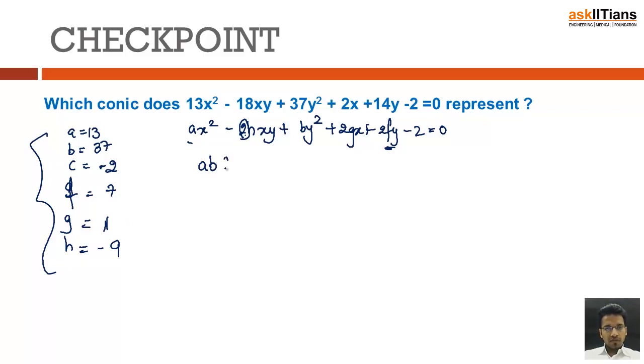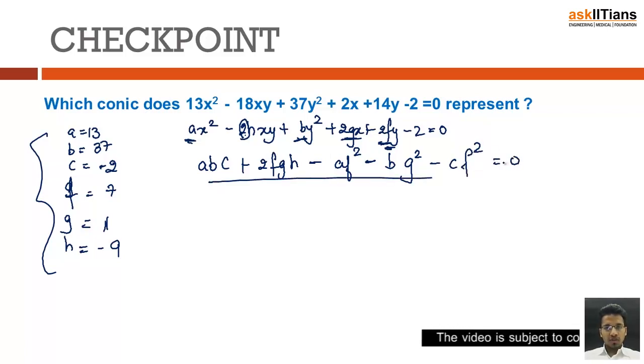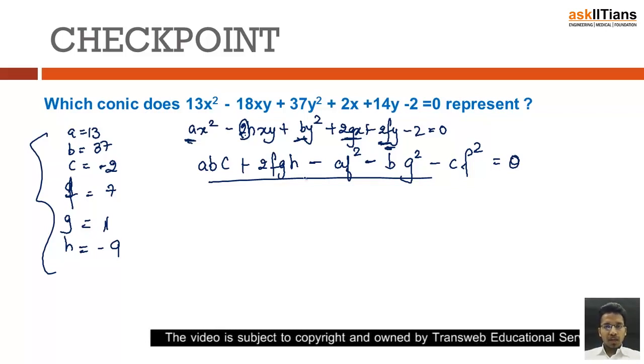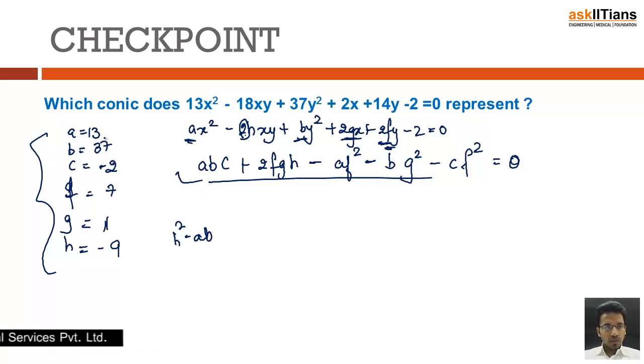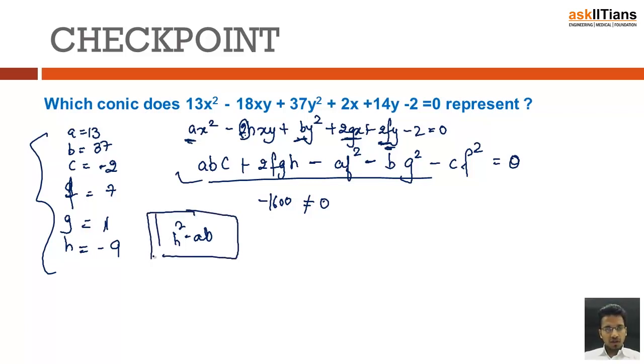Now we will check this expression: abc plus 2fgh minus af square, minus bg square and minus ch square. Now we check whether it is equal to 0. If it's not equal to 0, then we will check the condition h square minus ab. In this case, after solving and putting the values, you will get minus 1600, which is not equal to 0. So now we need to check this relation.